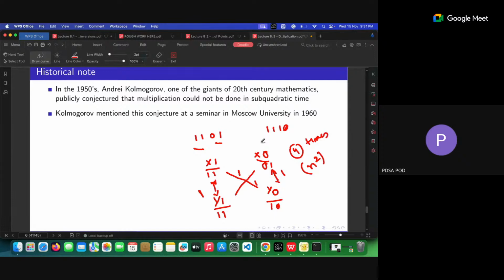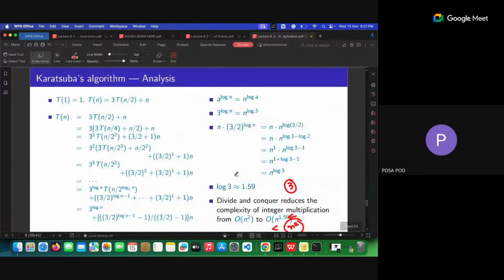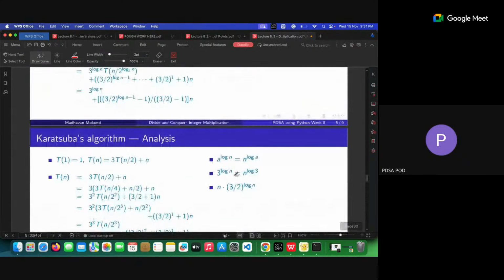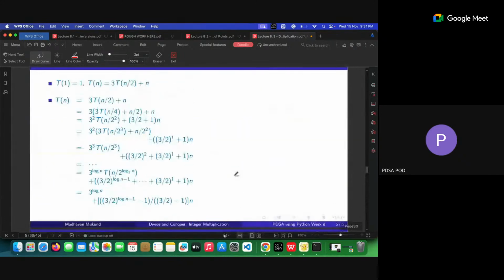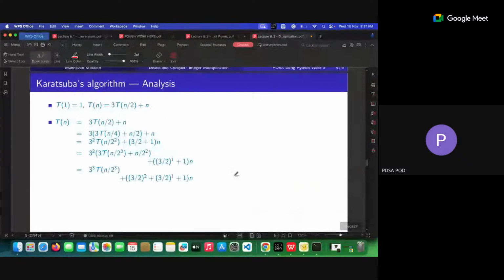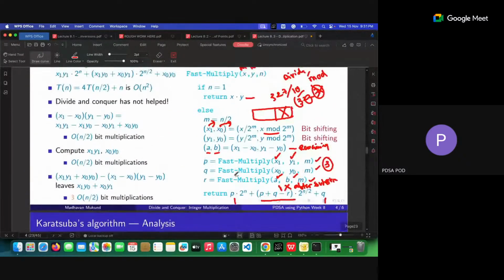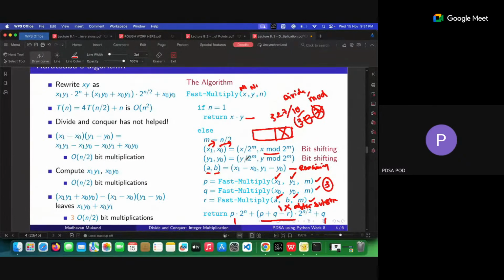For example, Karatsuba said something different. Instead of multiplying across boundaries again, look at this part. For the across-boundaries term, we do only the remaining part, by subtracting.